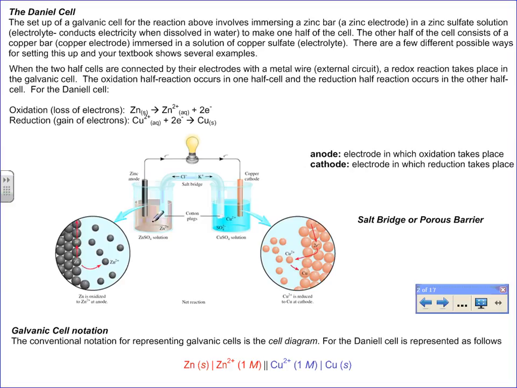Now what happens is the zinc on this side is losing electrons and going into a solution. The electrons are traveling along the wire from the anode to the cathode, and the electrons are being collected at the cathode by the copper ions in solution to produce copper atoms.